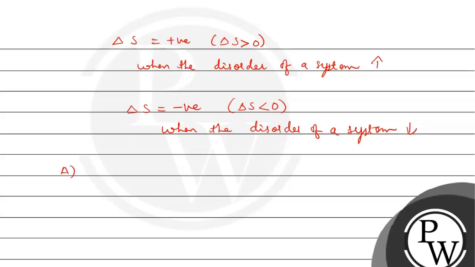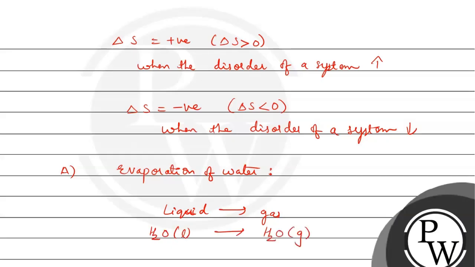So option A में जो process दिया गया है वो है evaporation of water. So evaporation of water clearly indicates that water which is in liquid form is changing into a gaseous form, that is H2O liquid is converted to H2O gas.